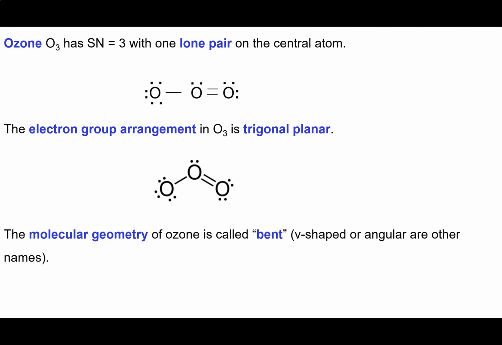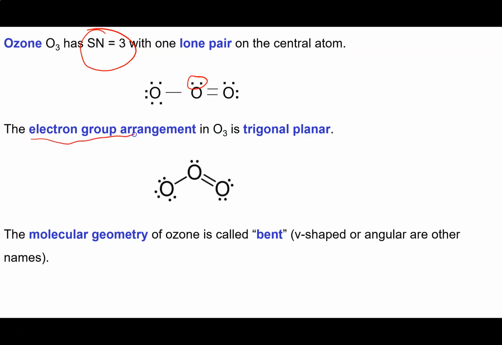So we'll have a look at some molecules now where we have lone pairs on the central atoms. So ozone, when you look at its Lewis structure, you'll see that the central atom has steric number equals 3. So we've got 1, 2, 3 electron groups, and one of them is a lone pair.